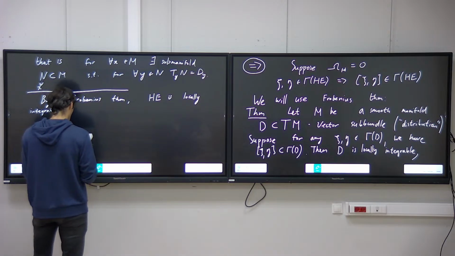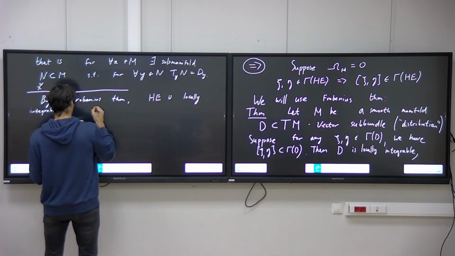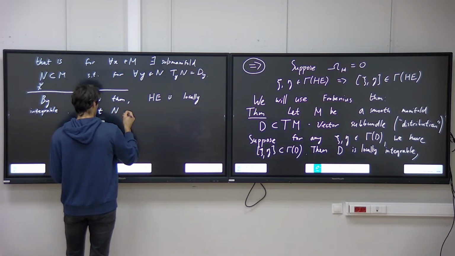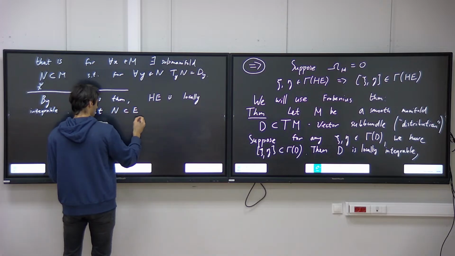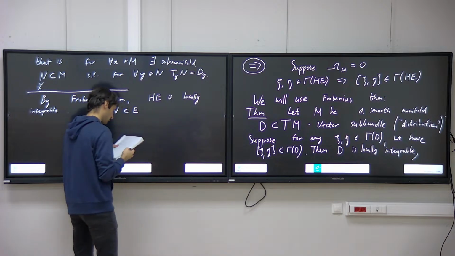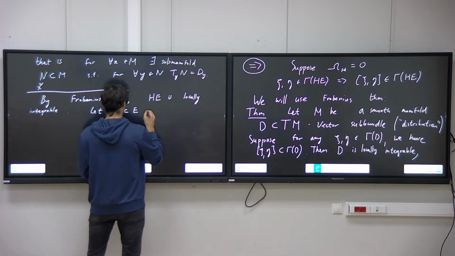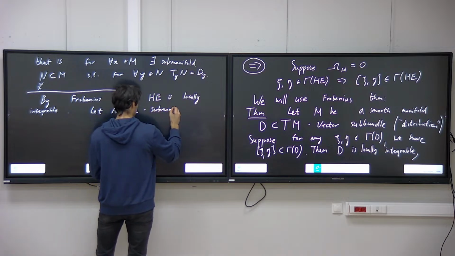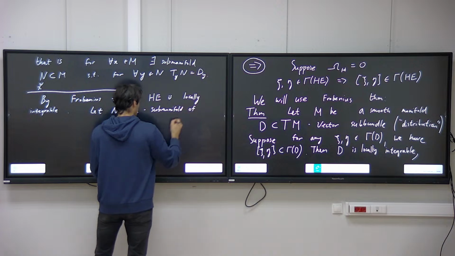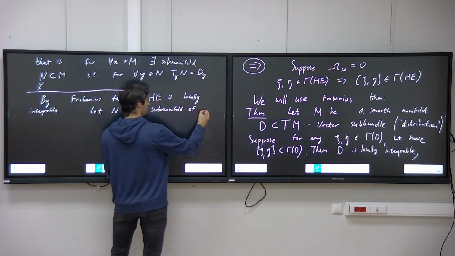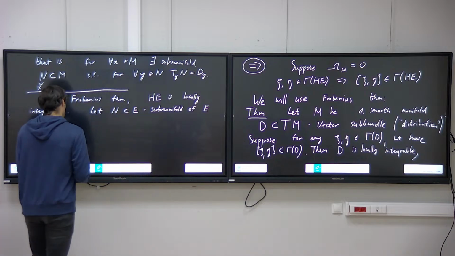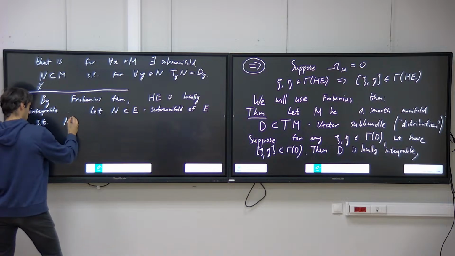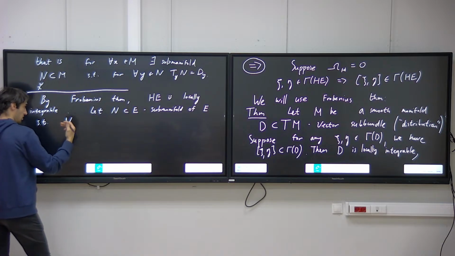And so let N be a submanifold of E, such that it contains the point P. We fixed the point P, right?